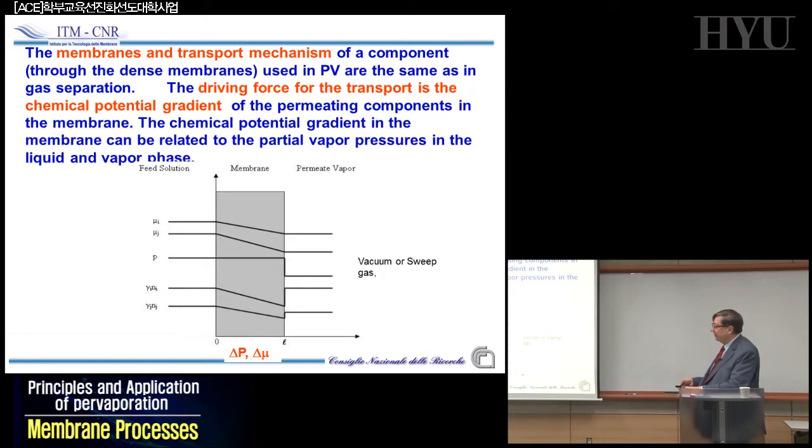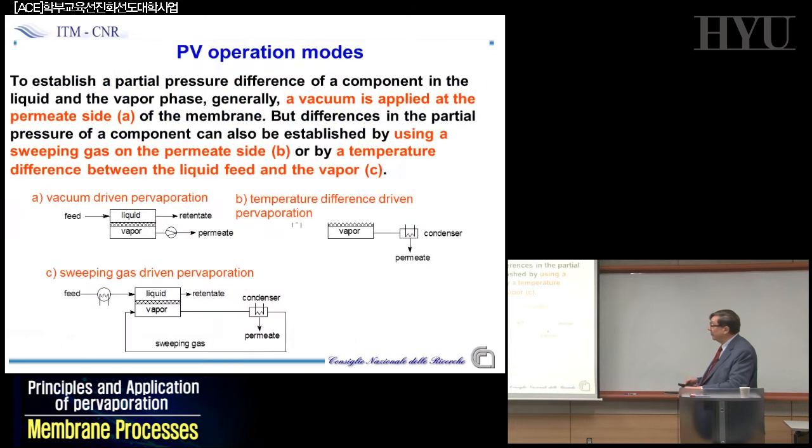The difference in chemical potential is what creates the driving force. You can operate in different ways: a vacuum on the permeate side, a difference in partial pressure using a sweeping gas on the permeate side, or a difference in temperature.